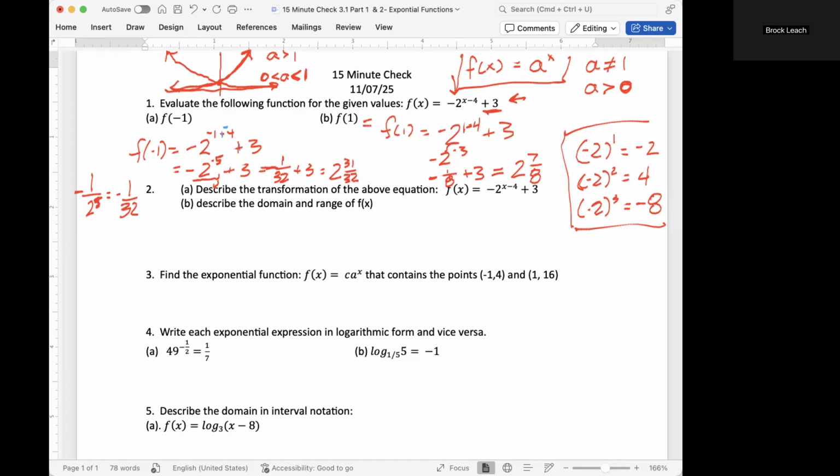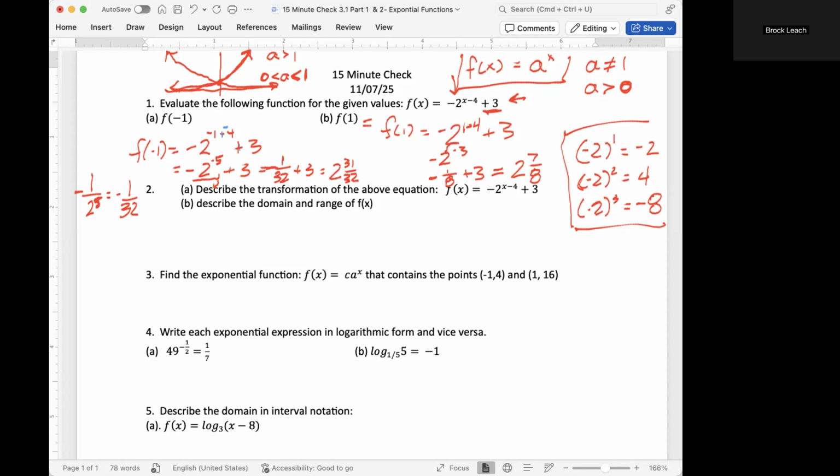The three transformations there for the graph. Excellent. Great. Really close.